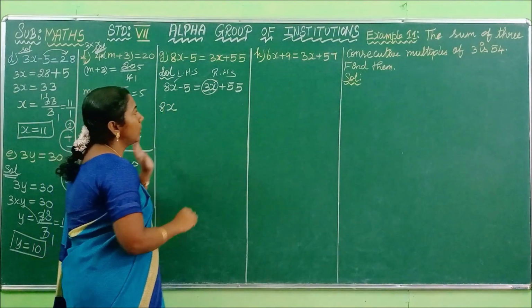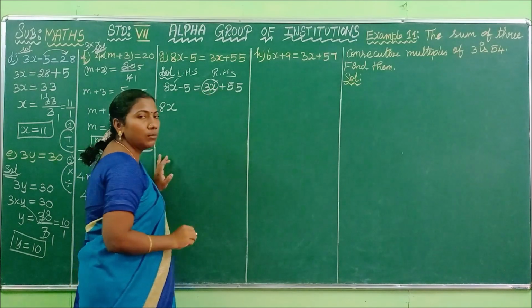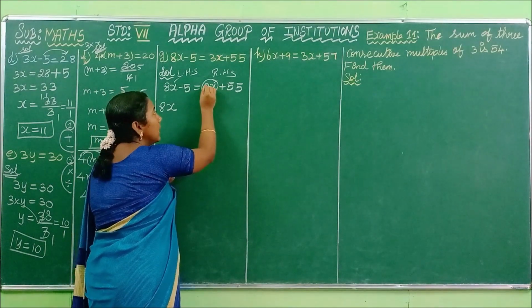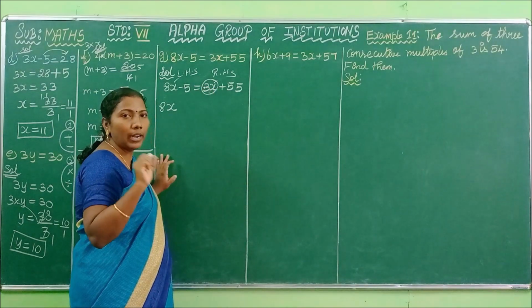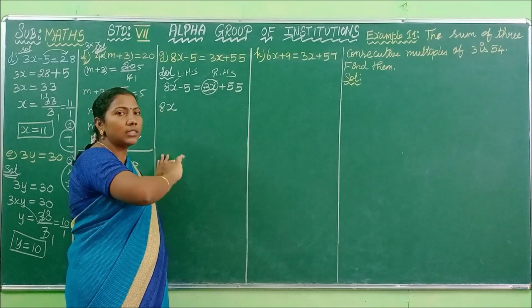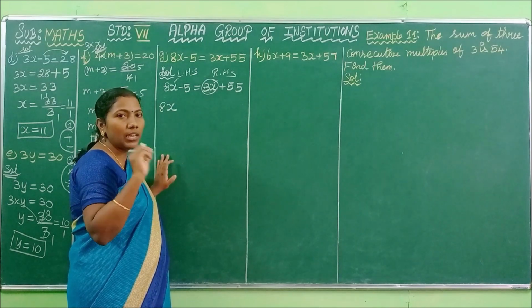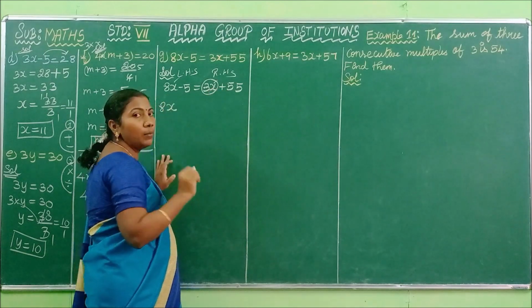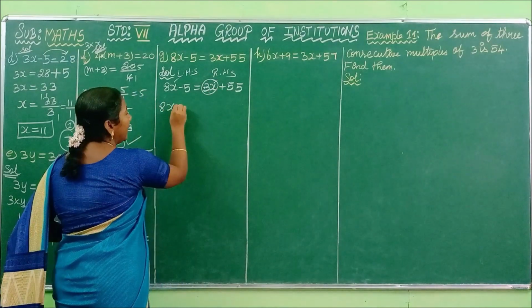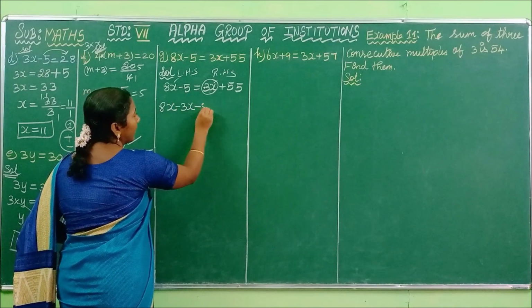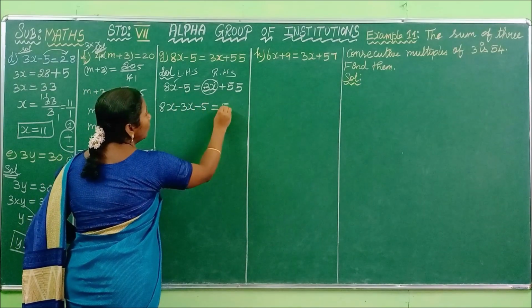Listen children, the symbol of 3x is plus. According to the transposing method, while you are bringing a term from one side to another side, its sign should be reversed. So plus 3x here, if it comes here, it becomes minus 3x. So 8x minus 3x. Write the next term, minus 5 equal to 55.